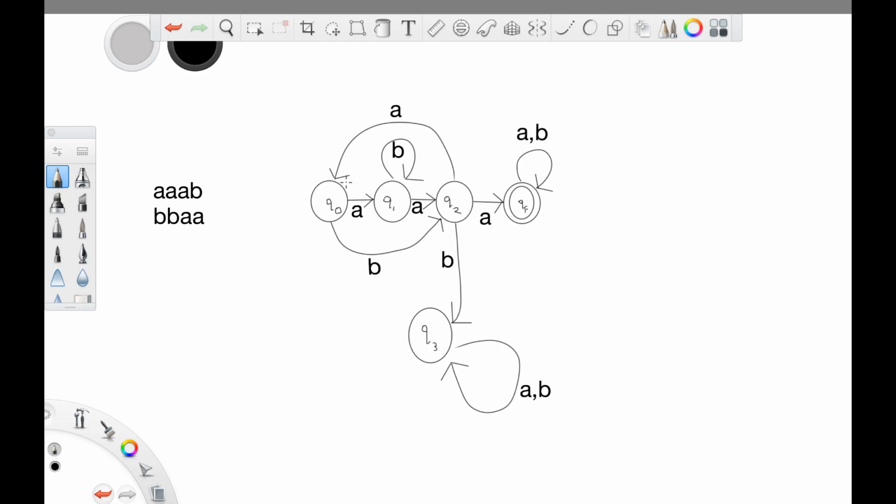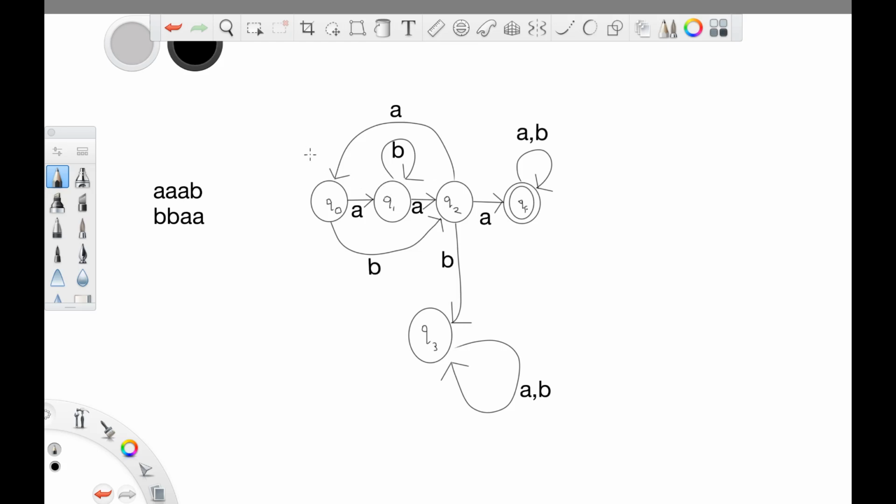And it's deterministic because at no point does a particular input at any one state produce two transitions. In every state, an input of A leads to one other state, and an input of B leads to one other state, or potentially the same state. But there is only one transition per input.